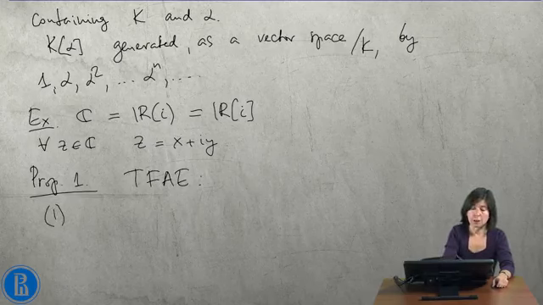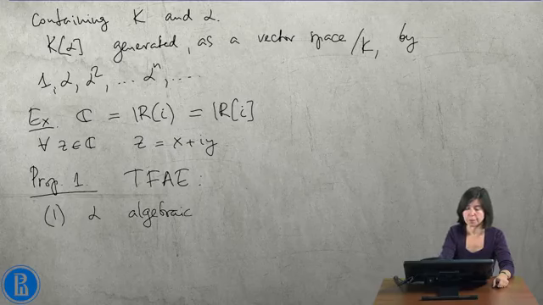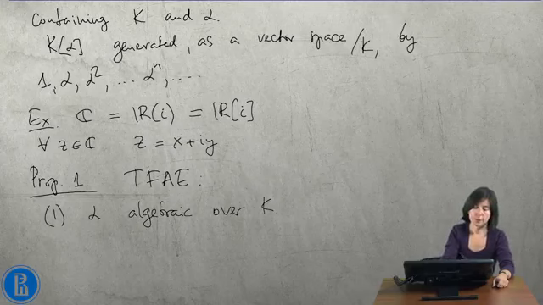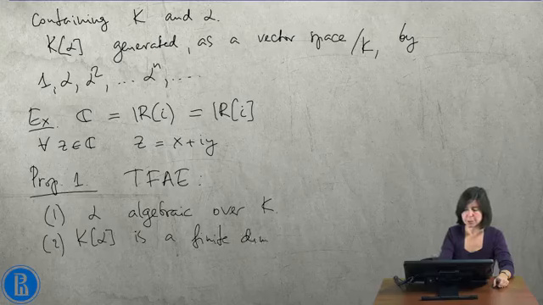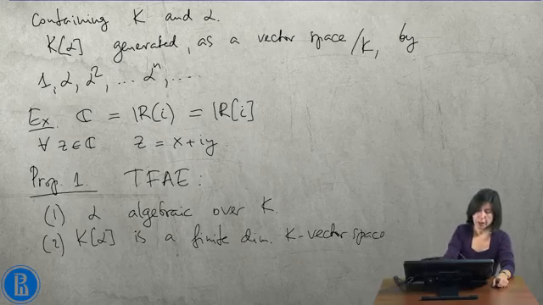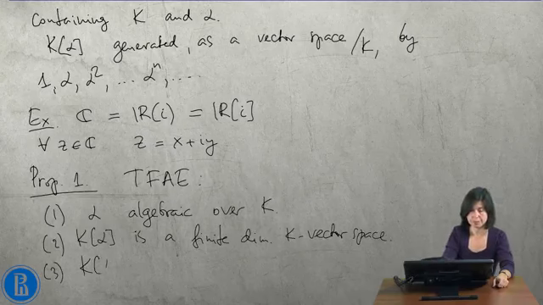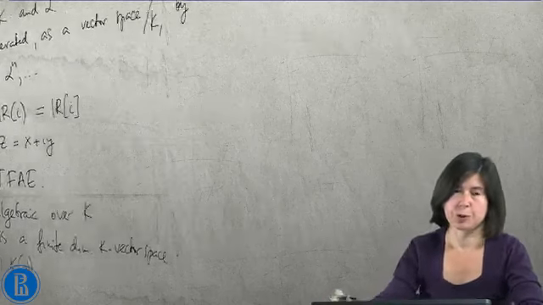First, alpha is algebraic over K. Second, K of alpha as a ring is a finite dimensional vector space over K. And third, K of alpha as a ring is equal to K of alpha as a field. So let me prove this proposition for you.